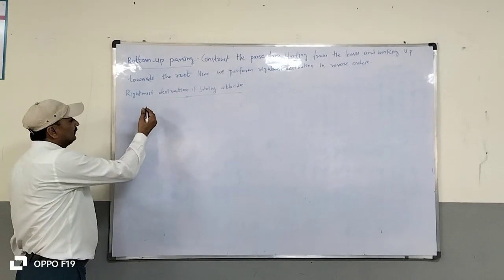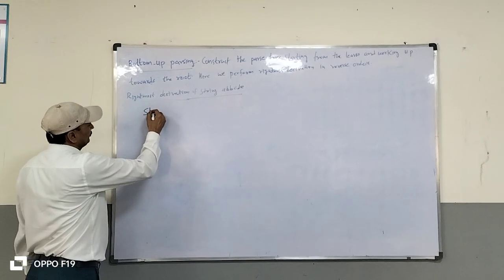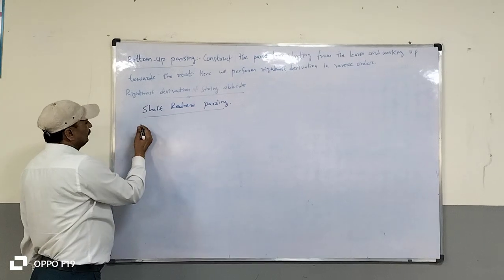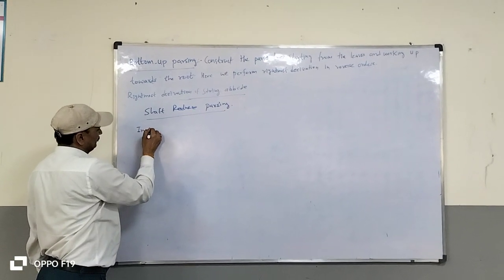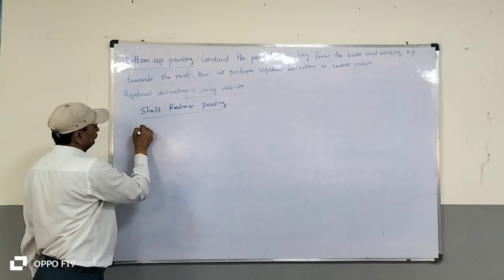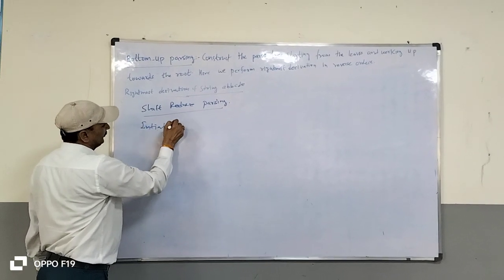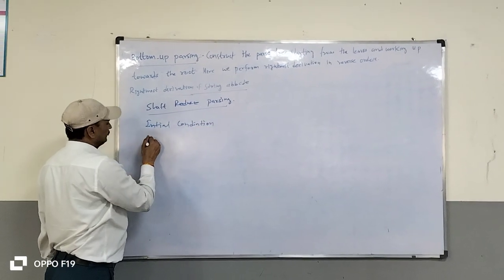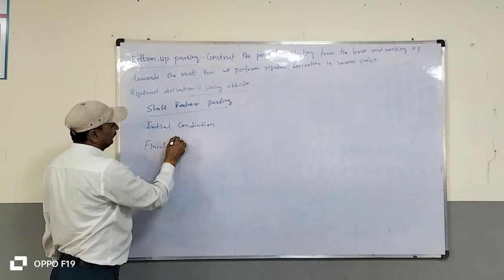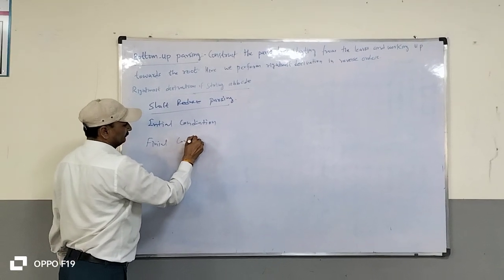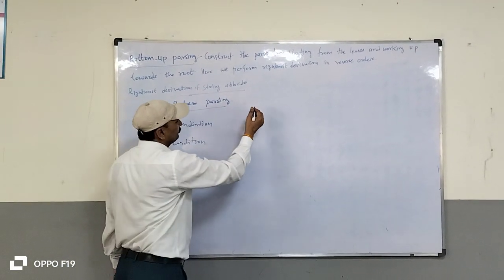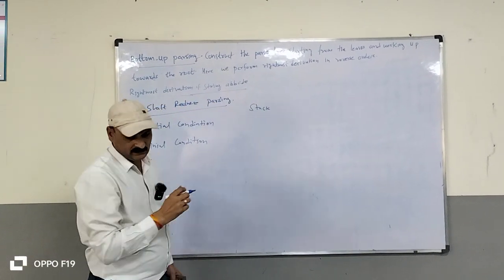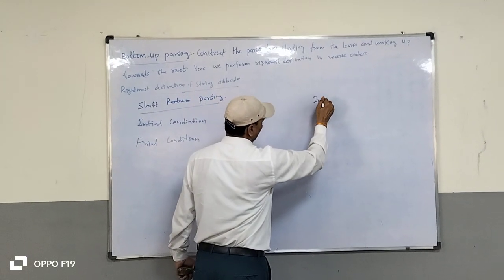So here are the initial condition and the final condition for shift-reduce parsing. In the initial condition, there are two things: one is the stack and the other is the input.